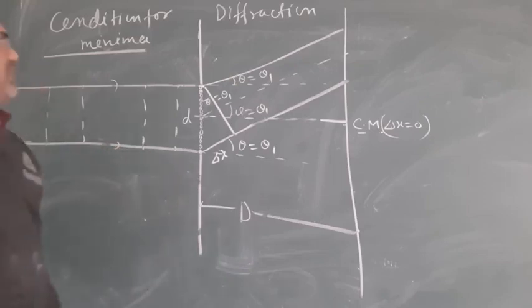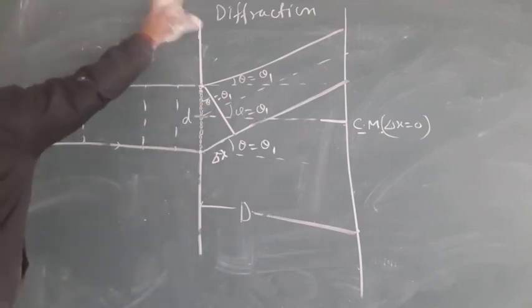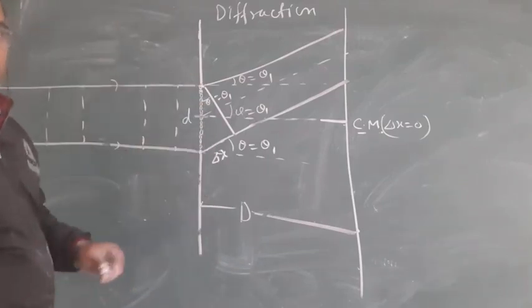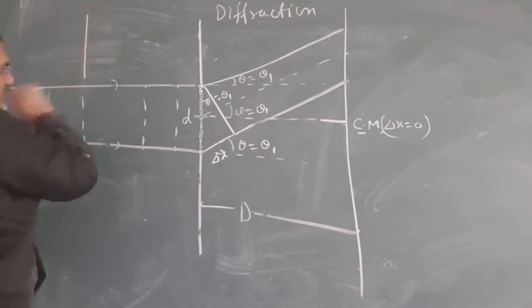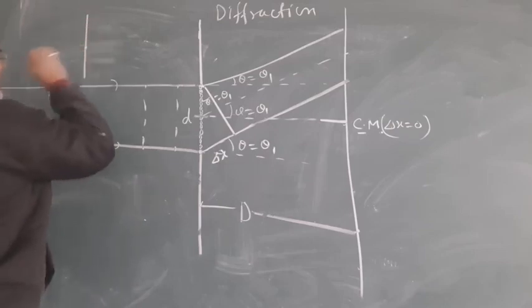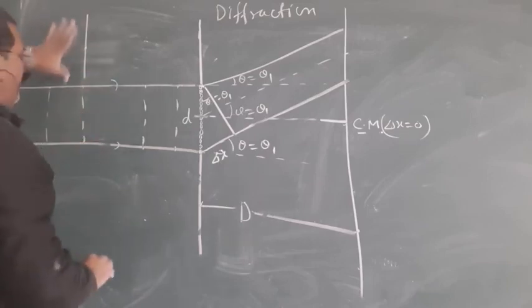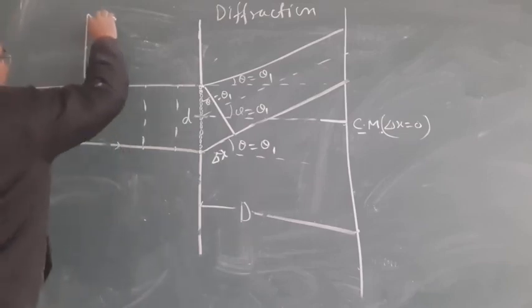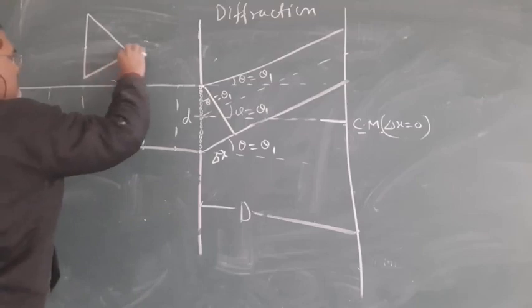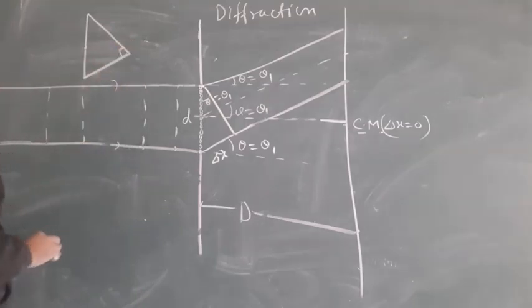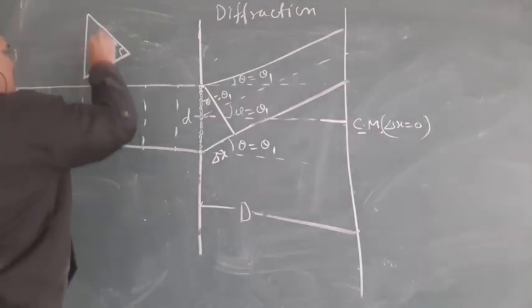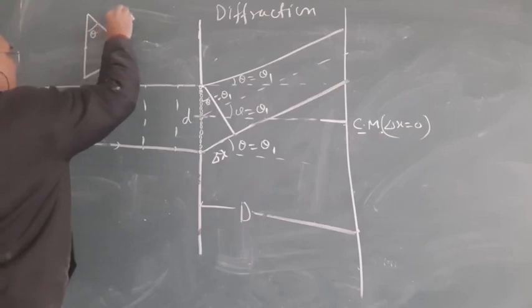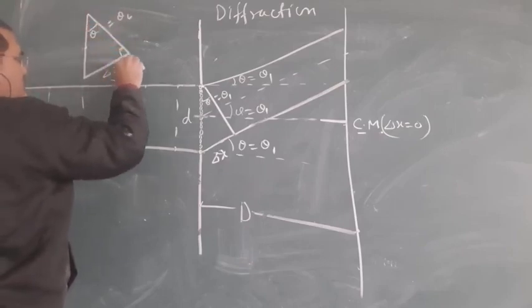Now for the second minima, you can say, this is the slit and this is the middle particle, there are infinite particles, and the path difference is this one. If theta equal to theta 2, delta is equal to 2 lambda.